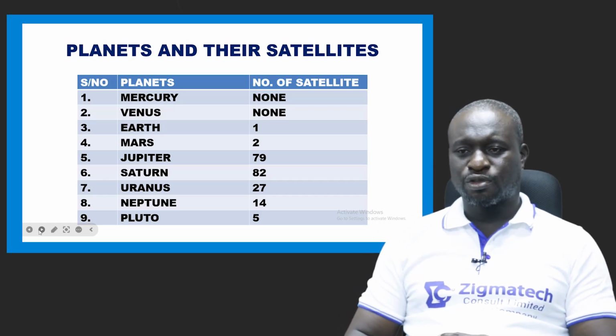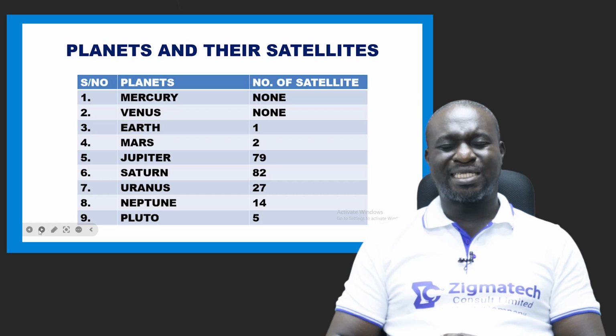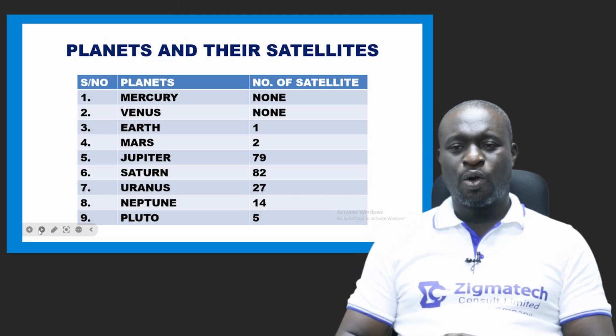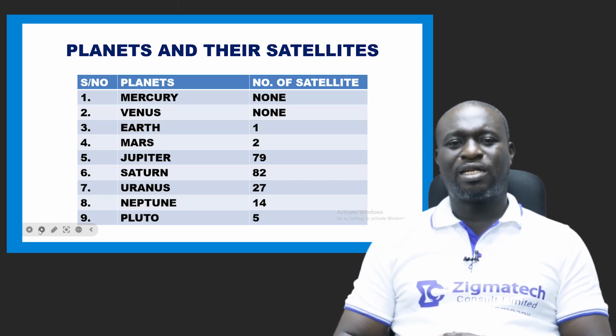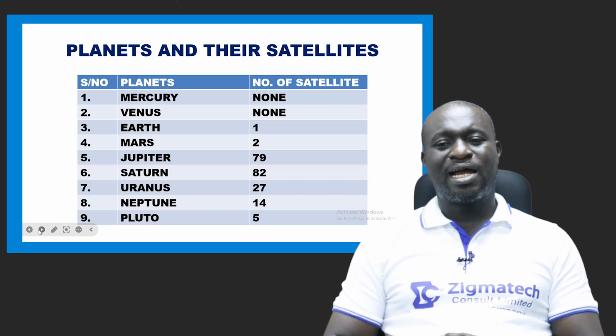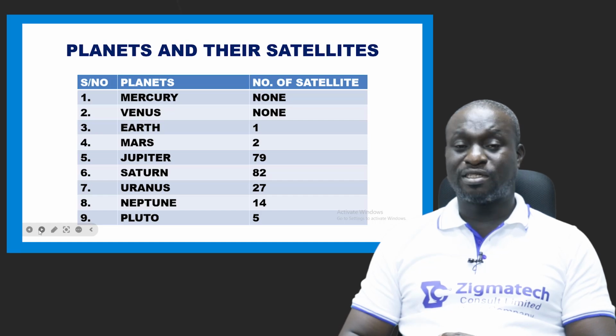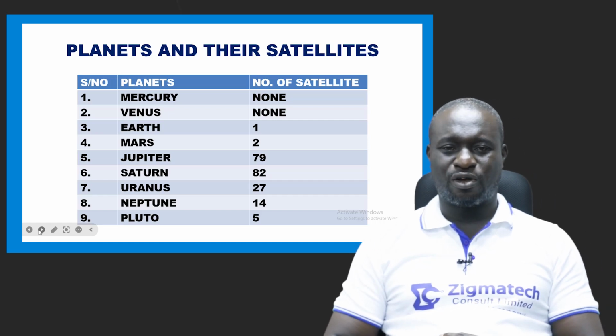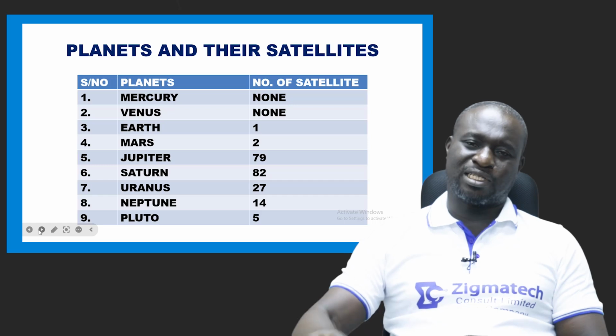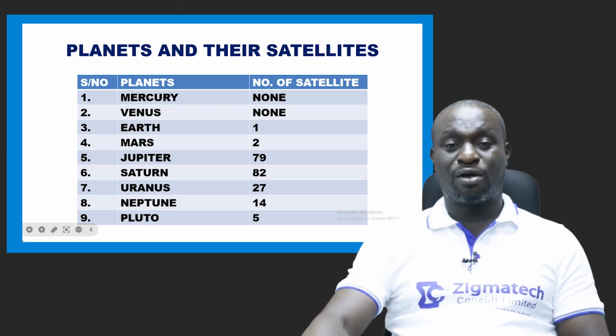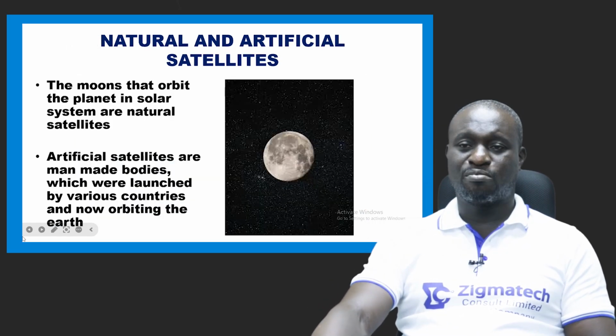We have Uranus. Uranus has about 27 known satellites. We also have Neptune. Neptune has about 14 satellites. And then Pluto has about 5 satellites. So please take note of these different numbers of satellites orbiting around each of the 9 planets.